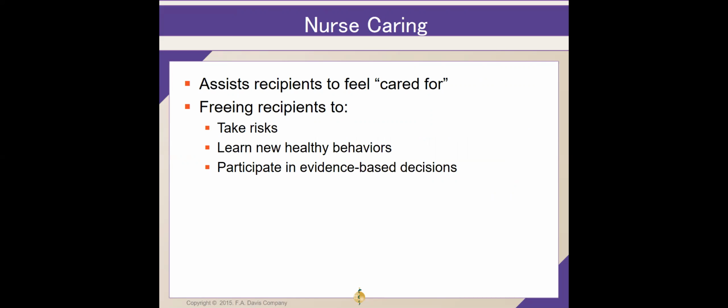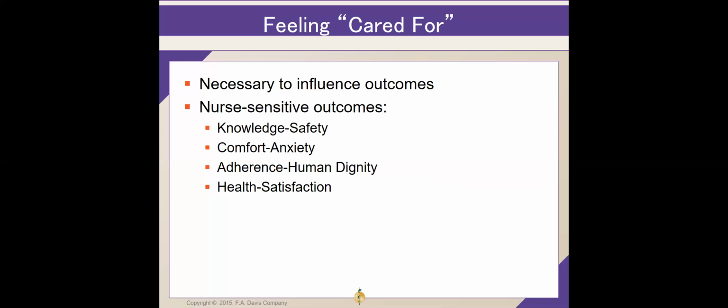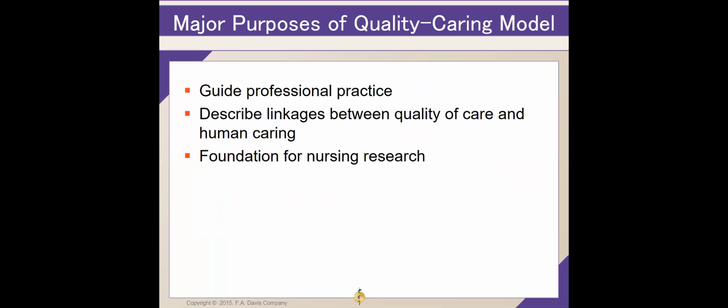This would be, in essence, an assumption that it frees recipients to take risks, learn new healthy behaviors, and participate in evidence-based decisions. When you're feeling cared for, it influences patient outcomes, and these have to do with the area of knowledge, safety, comfort versus anxiety, adherence versus human dignity, and health and satisfaction.